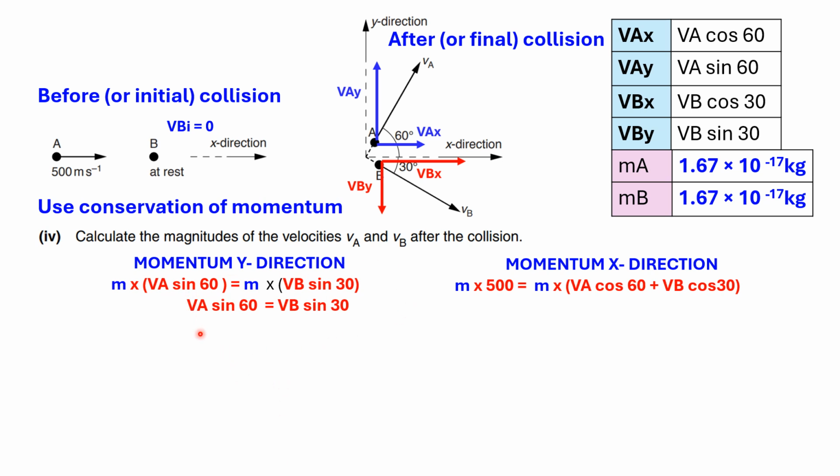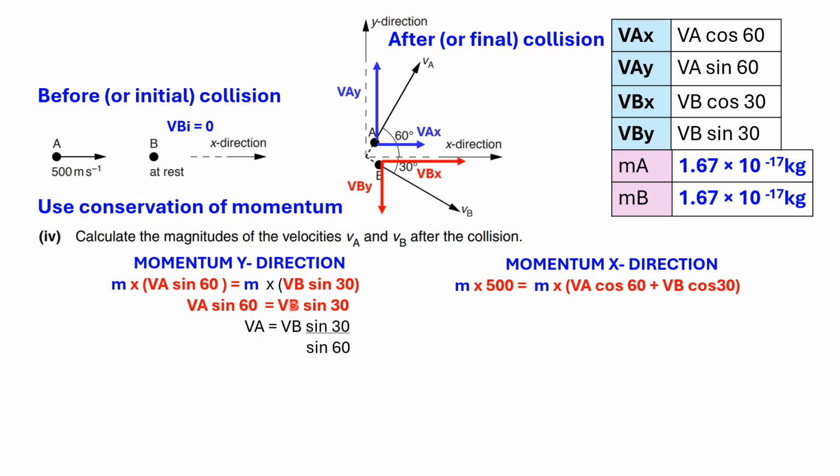So let's look in the y direction. We can first cancel the mass from both sides. What is left is VA sine of 60, which is equal to VB sine of 30. Then we can rearrange this expression in terms of VA.